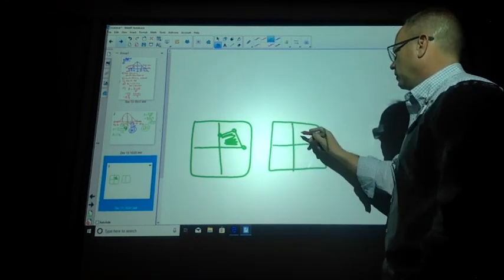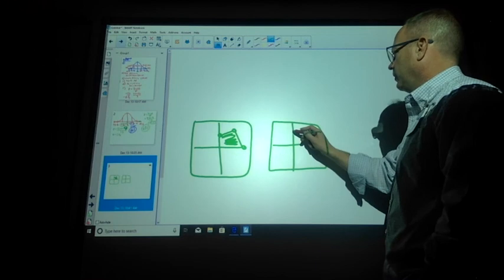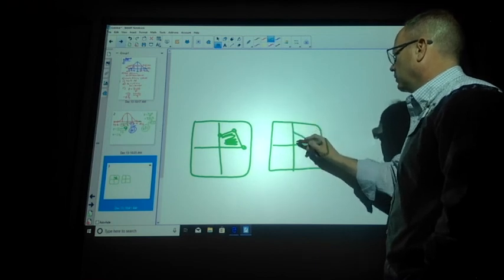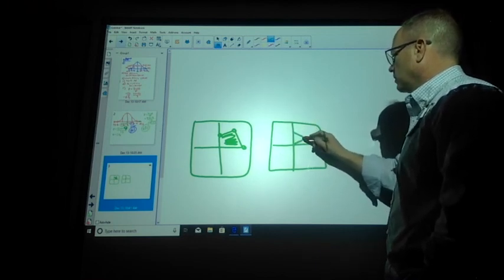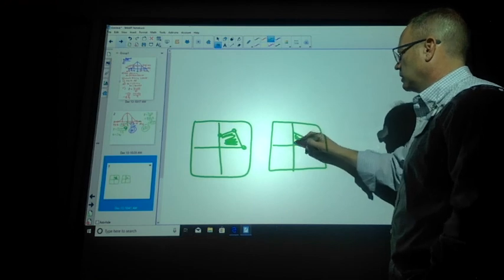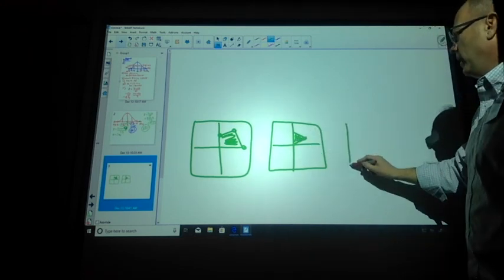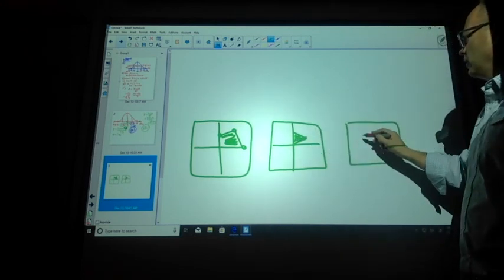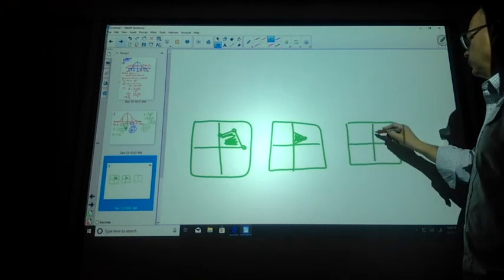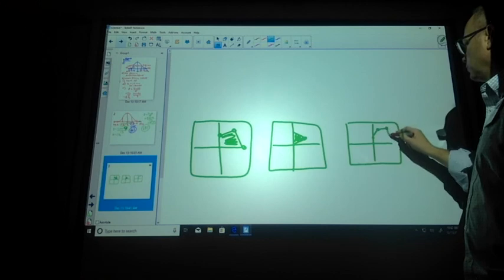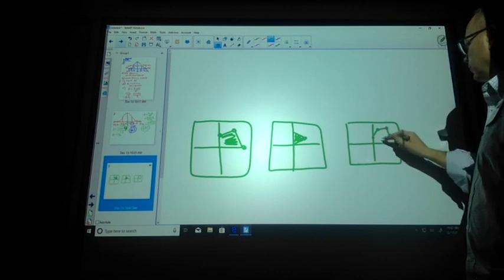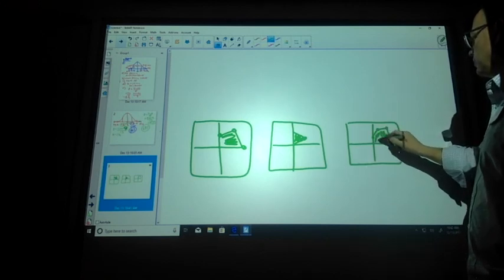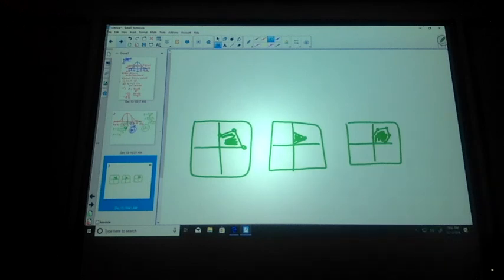And then you have one that's an XY axis, and then maybe we have some last choice. Ready?